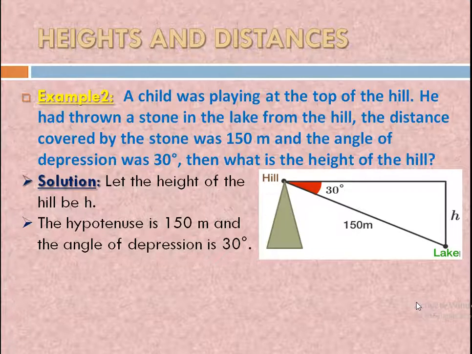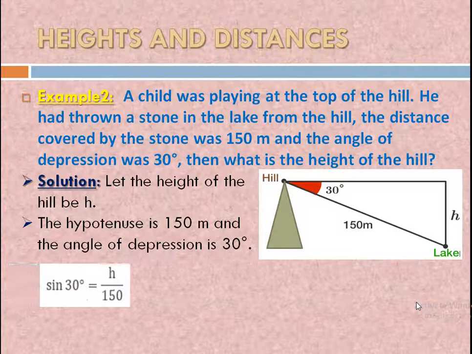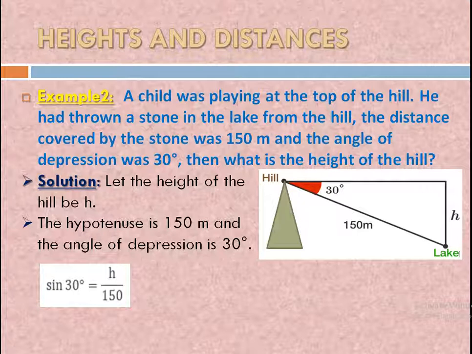So here we need to take sin 30 degrees. Sin 30 degrees is equal to h by 150. Okay, now this implies, put the value of sin 30 degrees, and we know that sin 30 degrees is equal to 1 by 2.